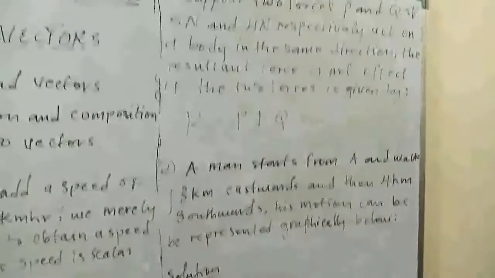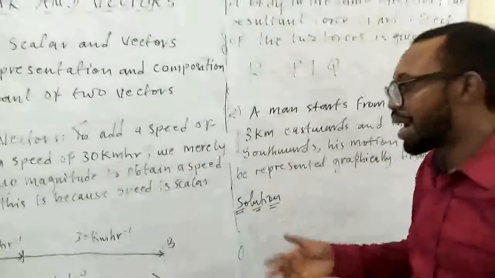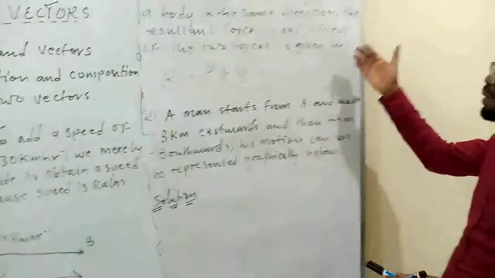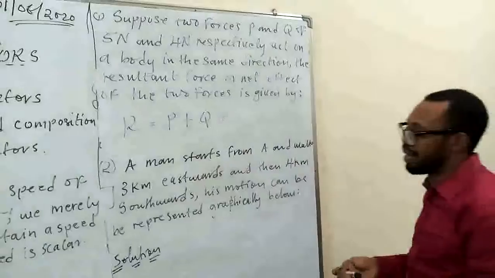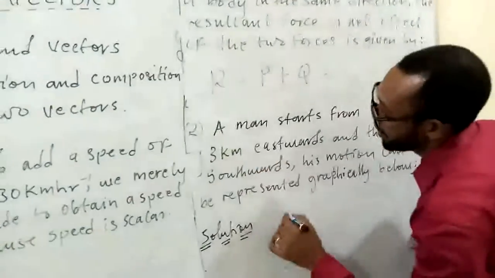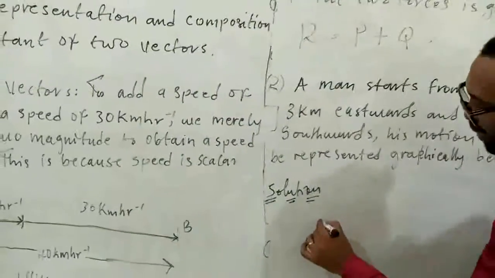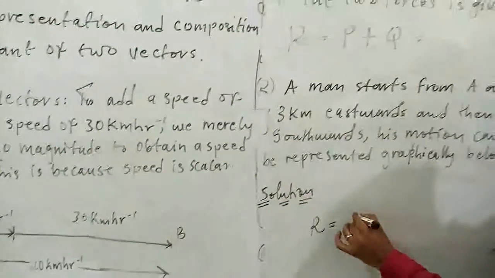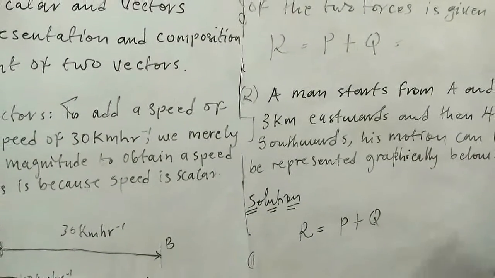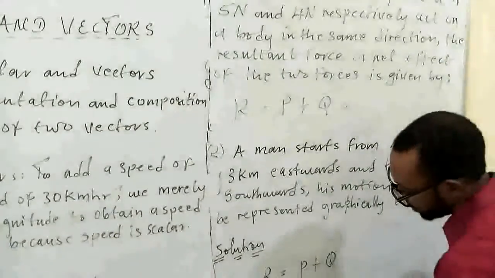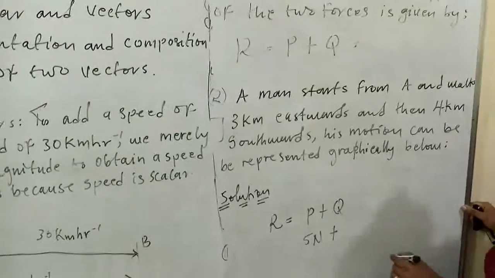Okay. Now we said you only sum up the two magnitudes to obtain the total magnitude of the force in this case. If we have two forces, P and Q, the summation or the resultant force R is equal to P plus Q, where P is given to be 5 Newton and Q is given to be what? 4 Newton.